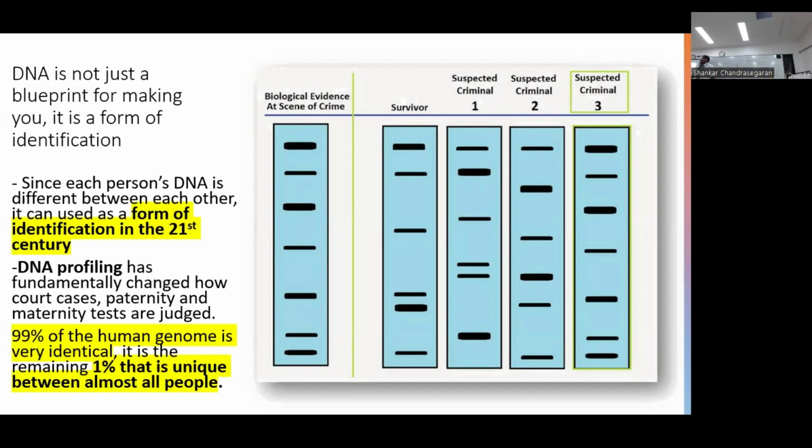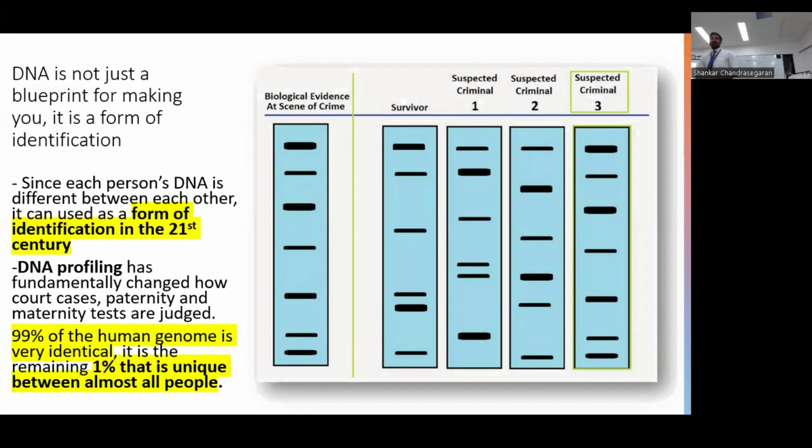And even though 99% of the human genome is actually very similar between each other, there is that 1% that is very different between each other. We call these places high variability regions, where there's a lot of changes that occur, a lot of mutations. So in between each person, this 1% of regions can have a lot of variability.